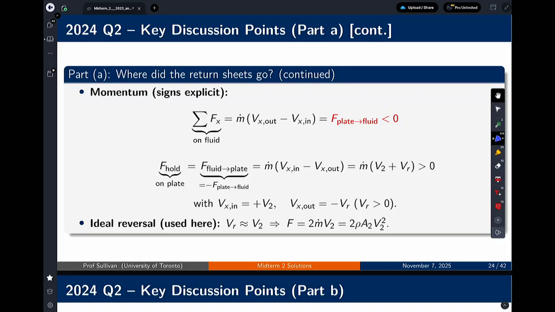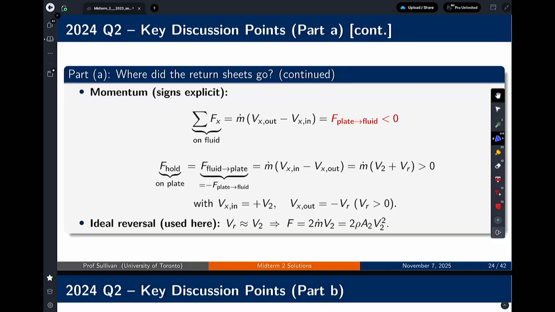Vx in is plus V2, Vx out is minus Vr, and that's how you get the plus sign. In order for this to be correct and to have the same amount of material entering and exiting, Vr has to equal V2.